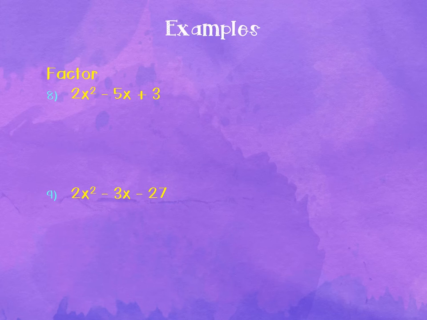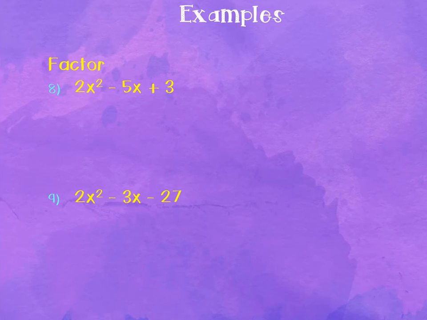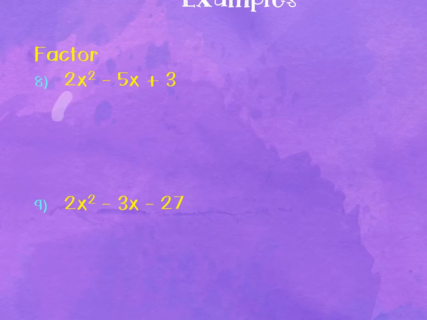All right, so let's work through some examples. So let's do one of each kind. If I was looking at 8, I would probably do trial and error just because 2 and 3 are both prime, so they only have themselves and 1 as their factors. So if I did 8, I would do the 2 sets of parentheses. Factors of 2x squared would be 2x and x.